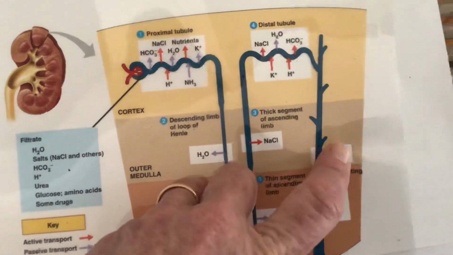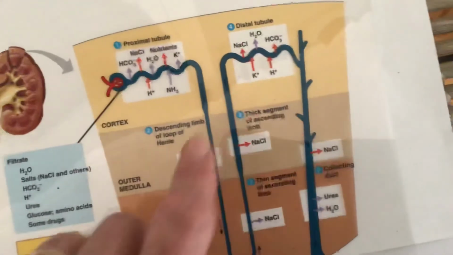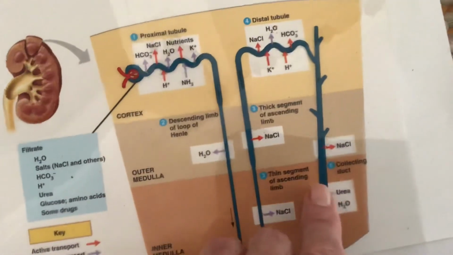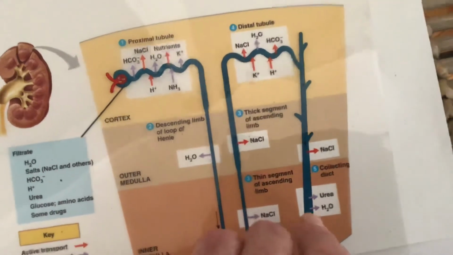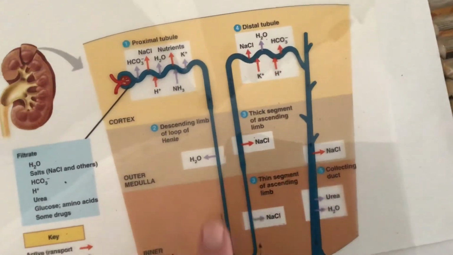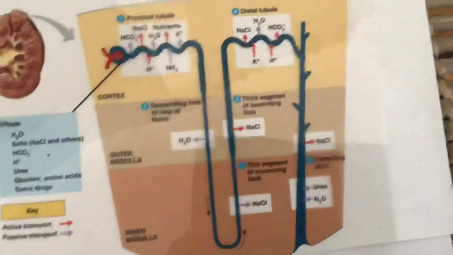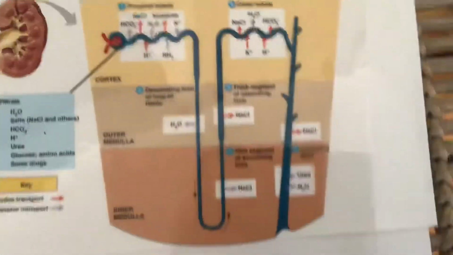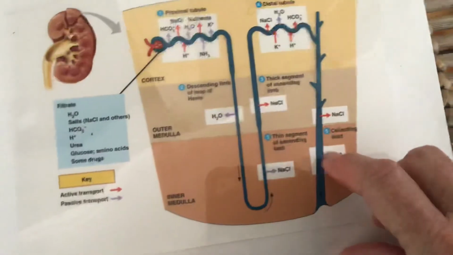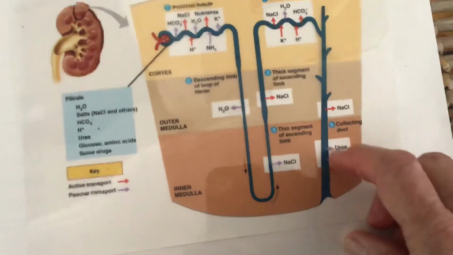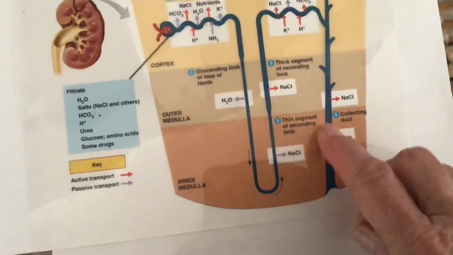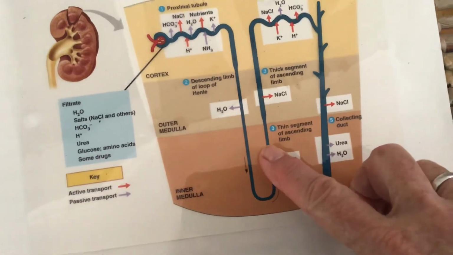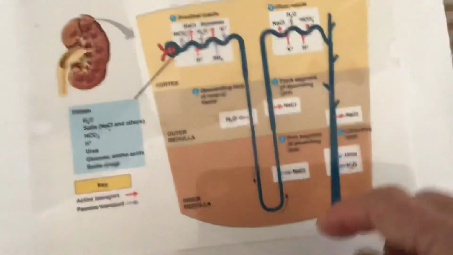More salts are pumped out, so again making this salty, so the water moves out, and then more urea is also pumped out, and because there's urea and salts down here, the water will also move out. Now the urea that moves out down here will make a higher concentration than is in here, so it will tend to move into there and be concentrated again.